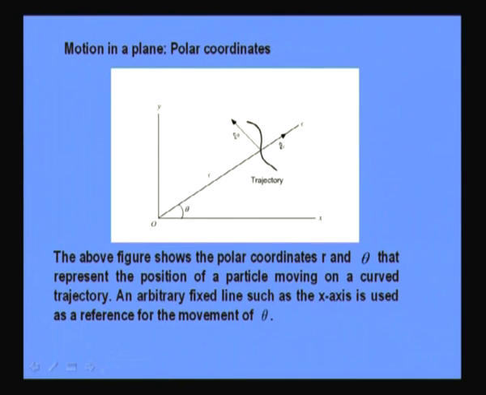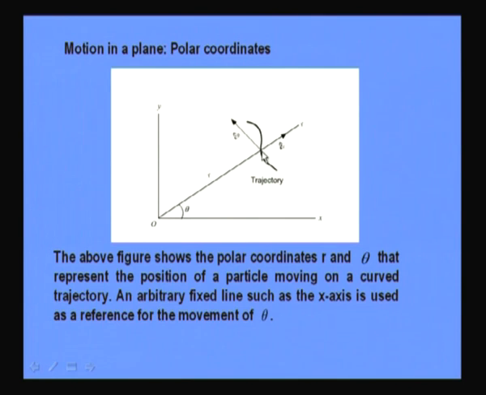Now, we discuss motion in a plane and use the polar coordinates. This is a curve shown here, that is the trajectory of the particle, and its position can be indicated by xy coordinates or by r and theta.